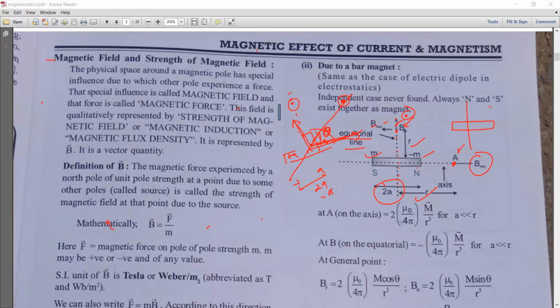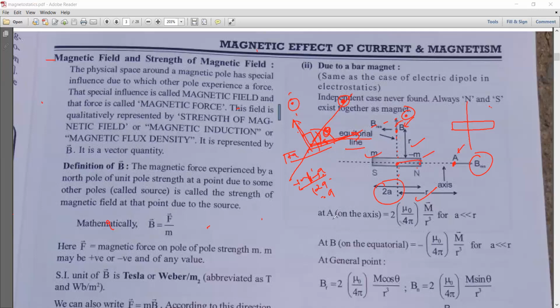We can also take a, no problem. Why do they take 2a? Because the distance from the center becomes a and a, so that there is no need of any confusion. So the logic is very simple, so that from the center to the pole the distance becomes a, that is the reason, right?